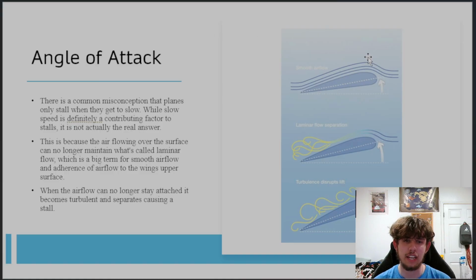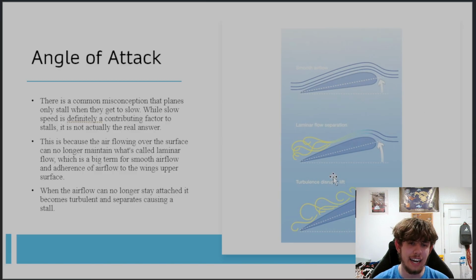In straight level flight, or even slow flight, you still have a relatively smooth airflow over the top surface of the wing. However, if you increase the angle of attack without either increasing the velocity that the wind is hitting that wing, or without applying flaps or anything to increase the camber of the wing, you increase the angle at which the air is hitting the chord line.